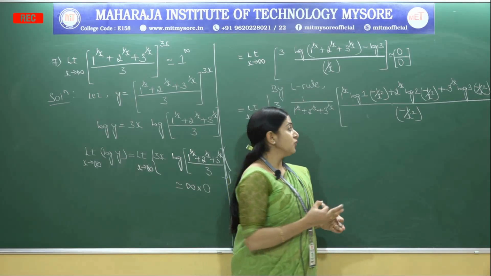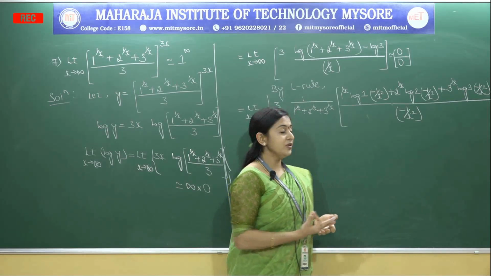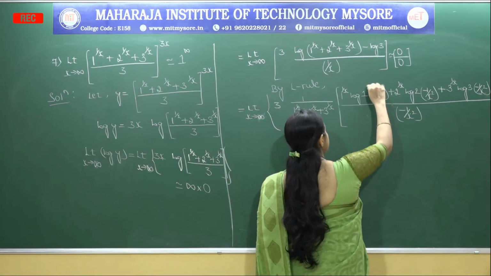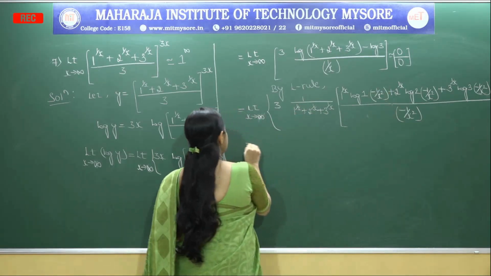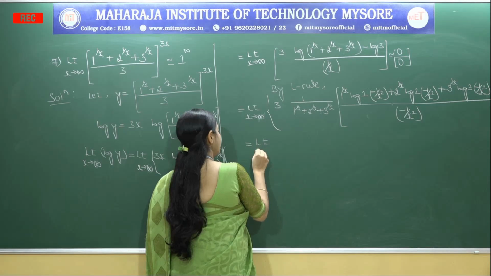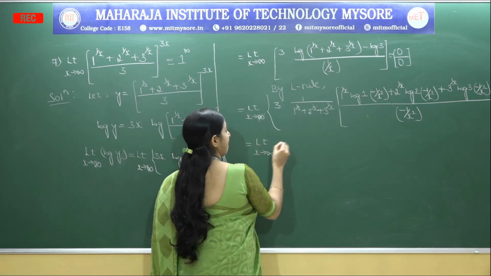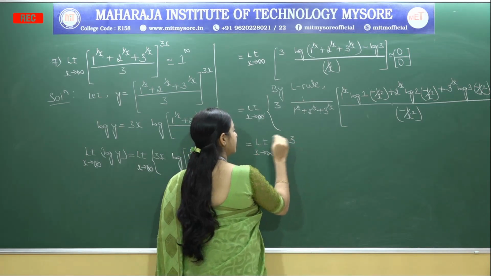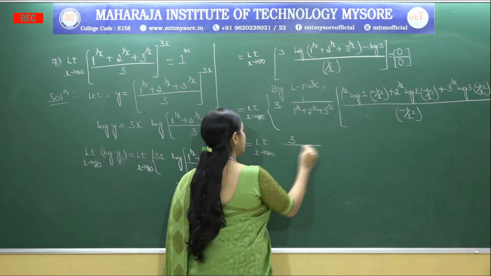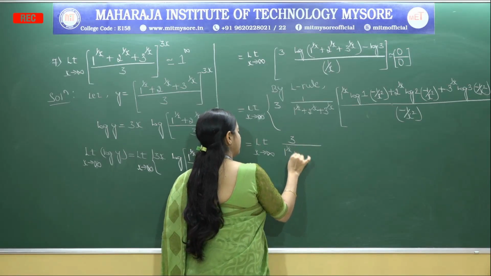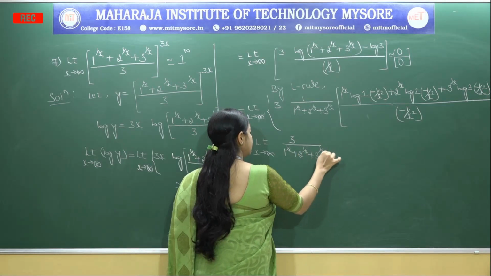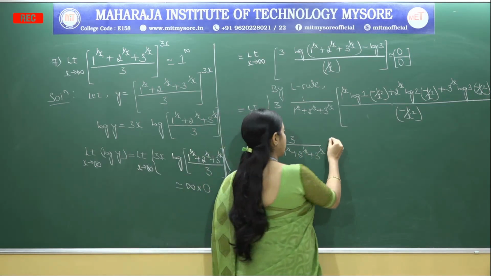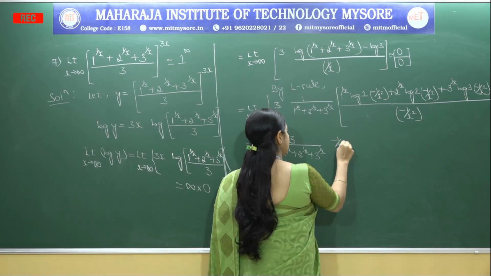Since minus 1 by x square is common, you can take this term outside, then cancel with the denominator. So this equals the limit as x tends to infinity, keeping the 3 as it is, with the denominator 1^(1/x) + 2^(1/x) + 3^(1/x), taking the minus 1 by x square outside.